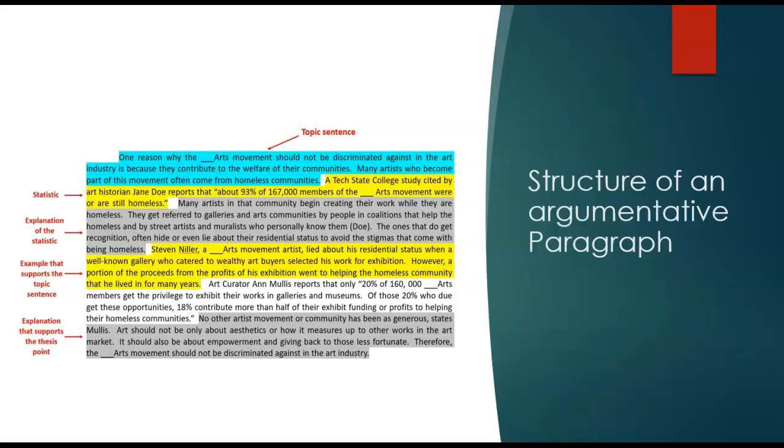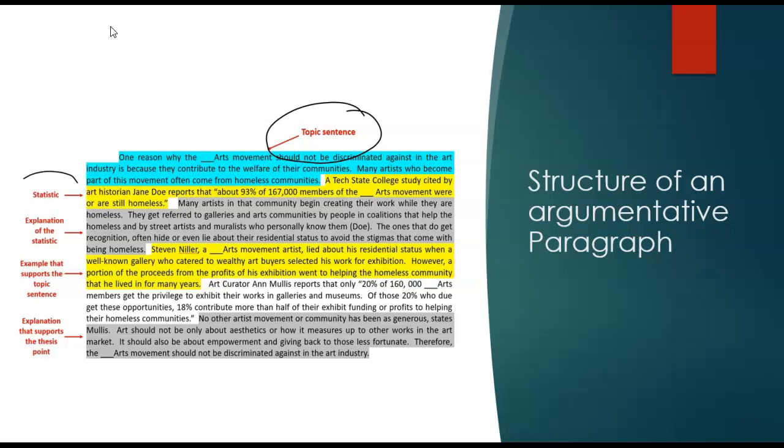Within each particular body paragraph, there is also another structure. Each structure is going to have 4 different parts. So the first part is the topic sentence. This is one of the thesis points developed into a specific sentence.